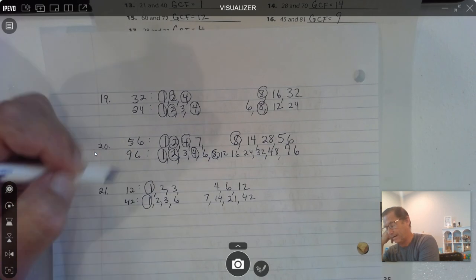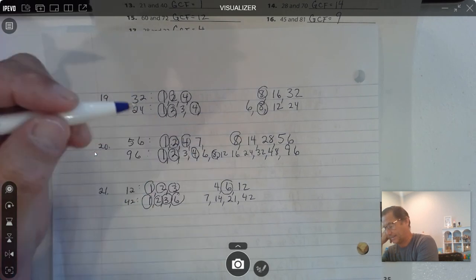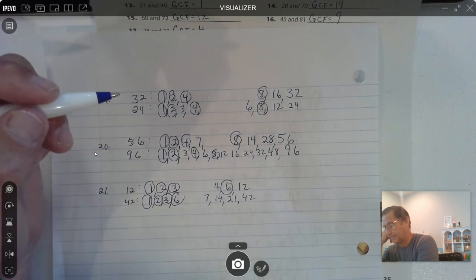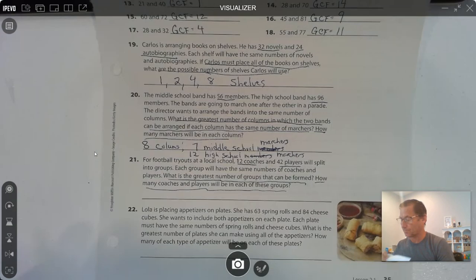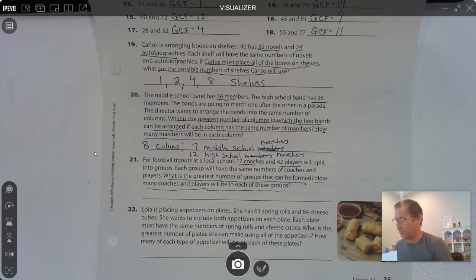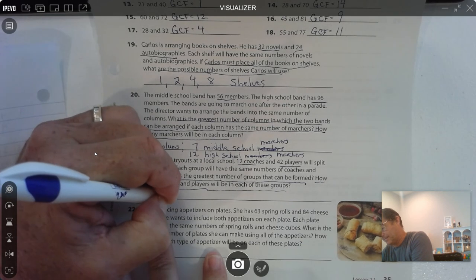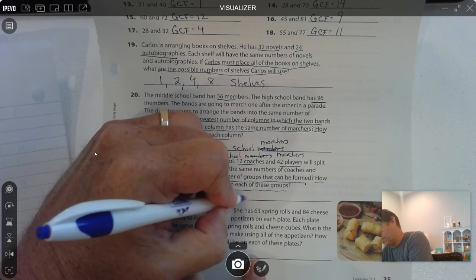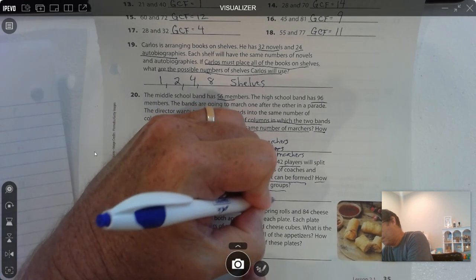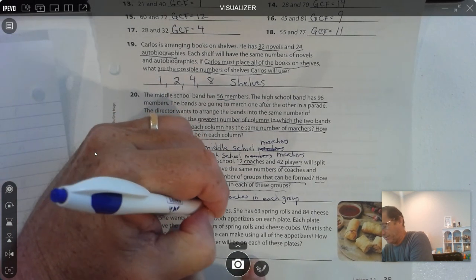Okay, so we could have 1, 2, 3, 6. The greatest number of groups that can be formed is 6 groups. Two coaches in each group. Seven players.